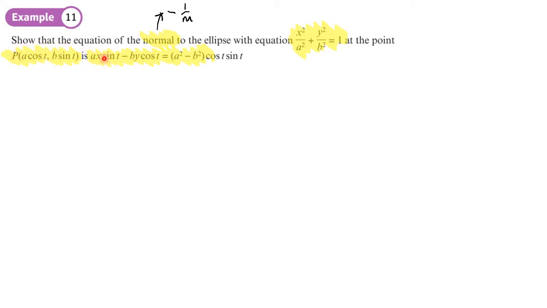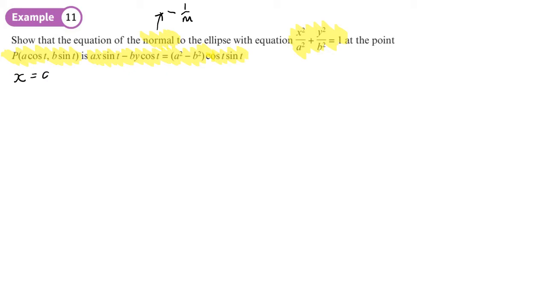If we look at the answer, it has sine t's and cos t's in it, which is a clue that we should be using the parametric, because the parametric is going to give us sine and cos. If I use the Cartesian equation and do implicit differentiation, I'm going to have an expression in terms of x and y, and then I'm going to have to substitute back x and y for this. It creates extra work. So by looking at the answer, the clue is use the parametric differentiation.